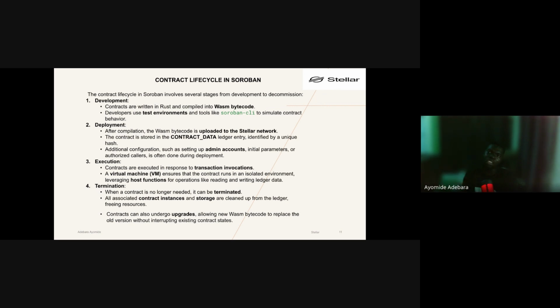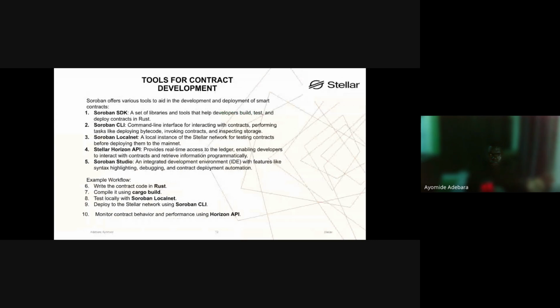So the moment you change this implementation, automatically you have your new upgrade. That is, you have your new implementations in the new WASM bytecode that replaced the old one. And this allows the existing contract states that have been initiated before to continue working without interruption.